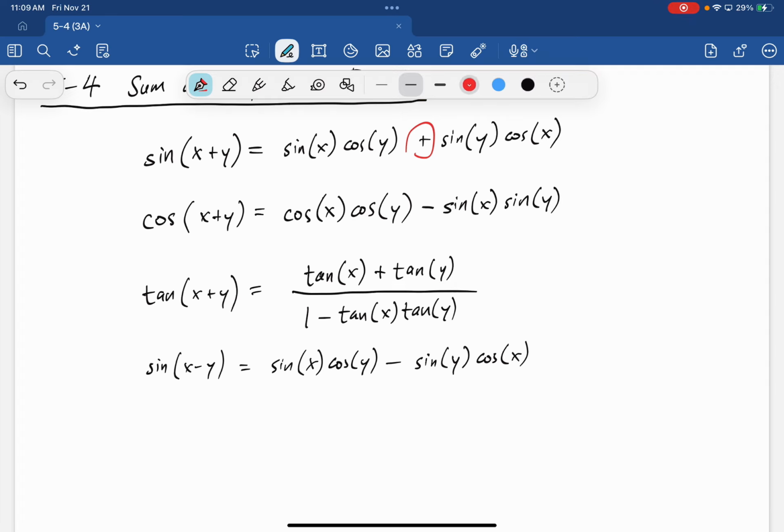Thankfully, it's very straightforward. For cosine and tangent, all you do is flip the sign for each one of these. This becomes a plus, this becomes a minus, and this becomes a plus. So let me write those out.